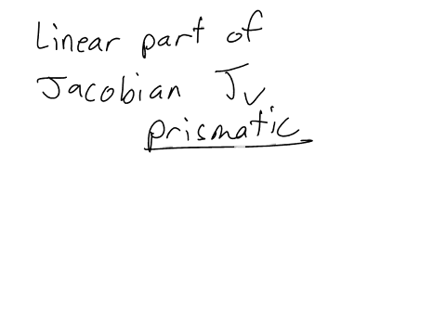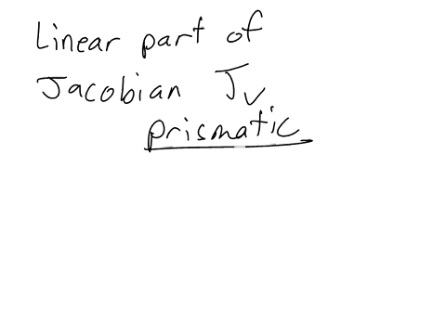In the rotational part of the Jacobian that we last learned, we found that the rotational part of the Jacobian is easier when you have a prismatic joint. In that case, the rotational part of the Jacobian is all zeros. In the linear part of the Jacobian, it's also easier to find if the joint is prismatic, but it's not all zeros in this case.